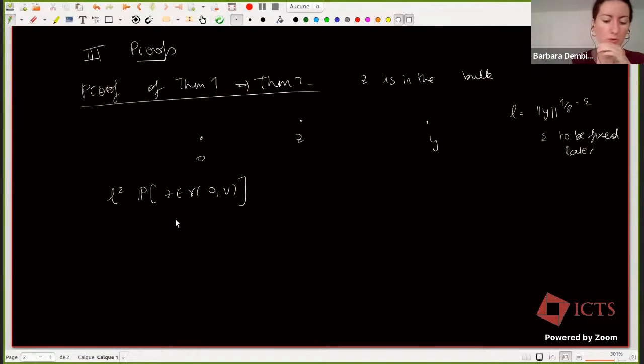So you will see what an averaging trick is. And Lambda L here is going to be the box.